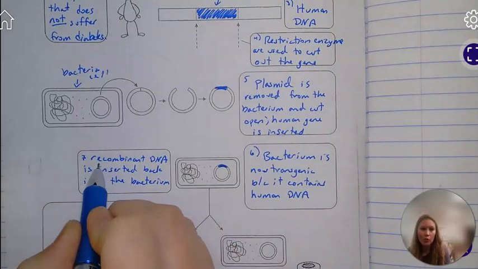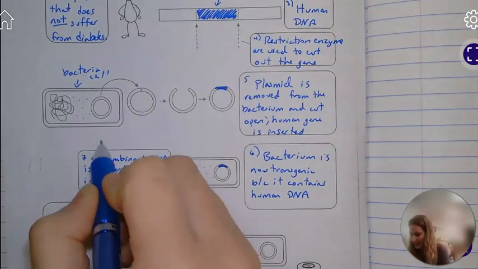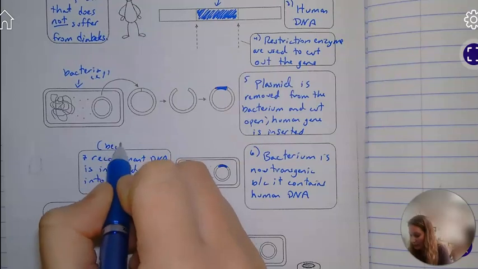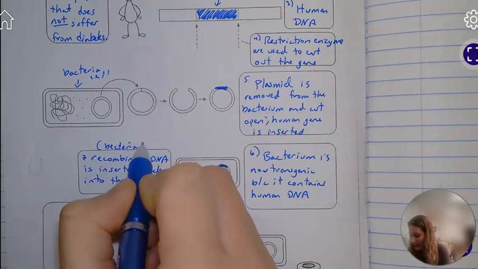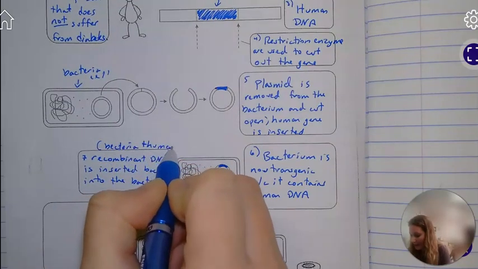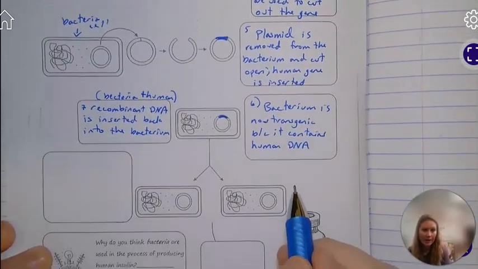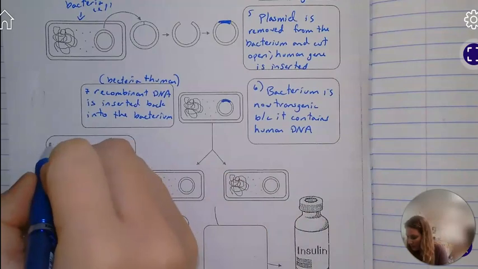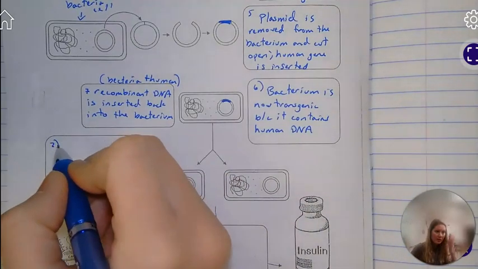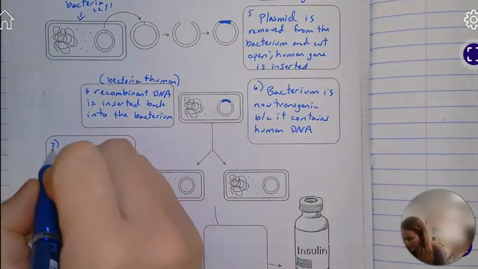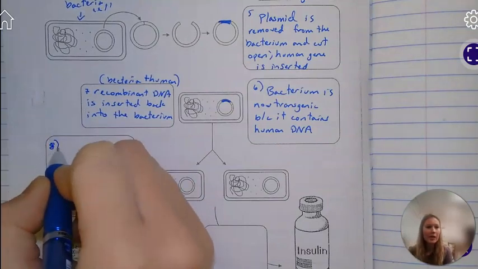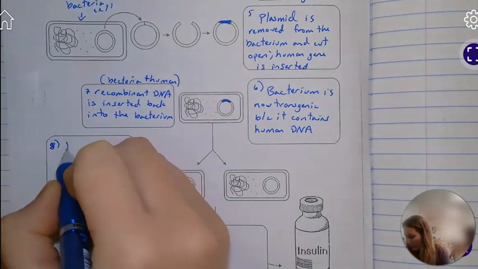Remember, it's recombinant DNA because it contains genes from both the bacteria and from the human. So that's why we say it's recombinant. Okay, so all right, this should be 8. That was 7.